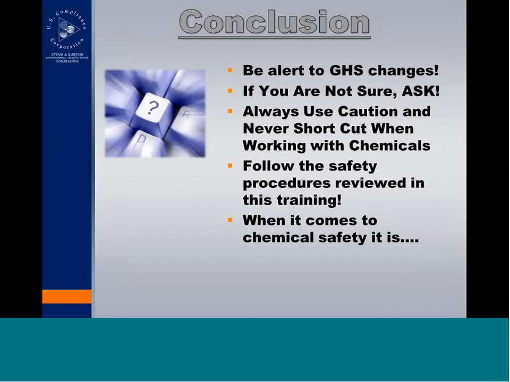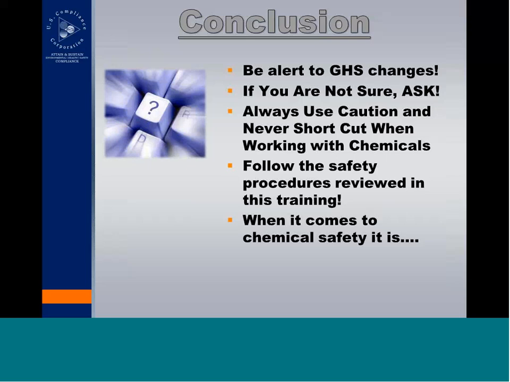So in conclusion, be alert to some of these changes that we discussed today as it relates to the globally harmonized system of chemical classification and labeling. If you haven't already, you will start to see some of these elements that we discussed here, such as chemical labels and safety data sheets, start to appear in your workplace. If you're not sure, always ask, use caution, and never take shortcuts when working with chemicals.